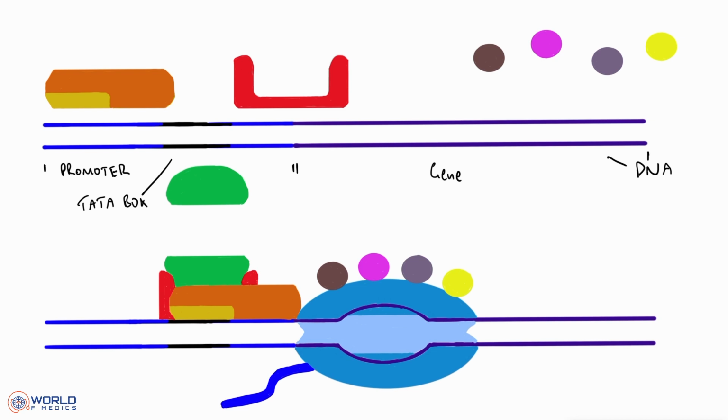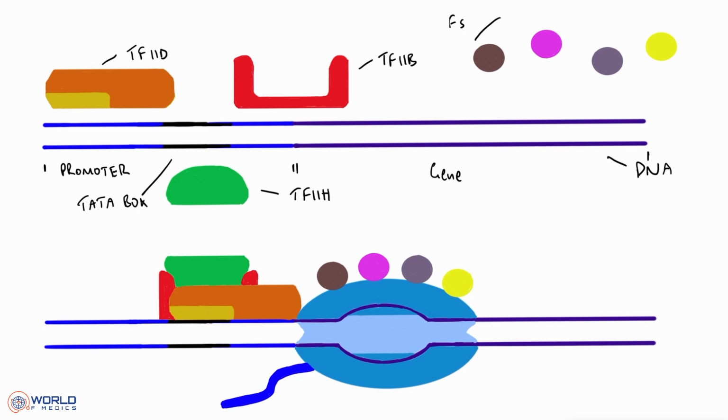So we'll just mention a few specifically. There's transcription factor 2D, there's transcription factor 2B, and here we have transcription factor 2H. And we've got a series of general transcription factors, is what we'll call them, up here.